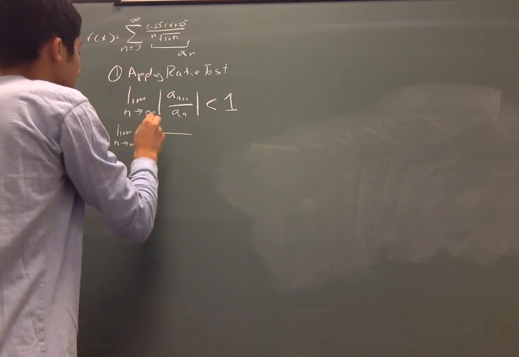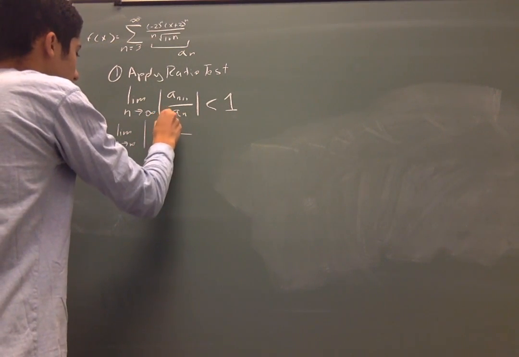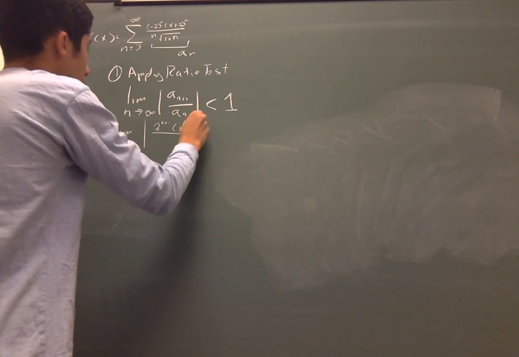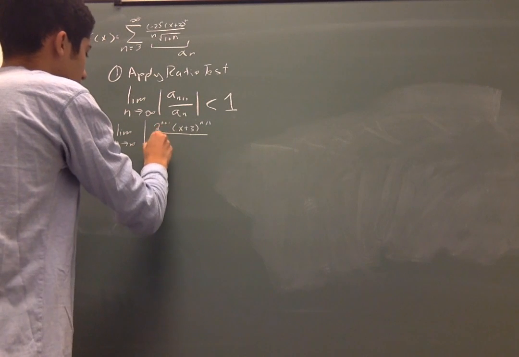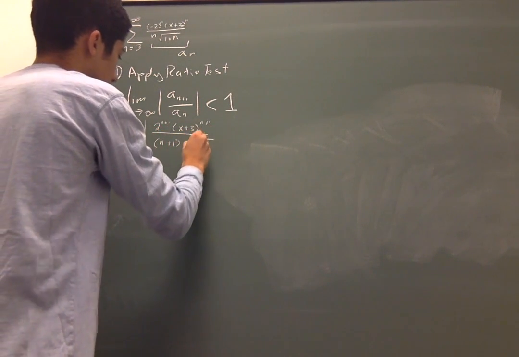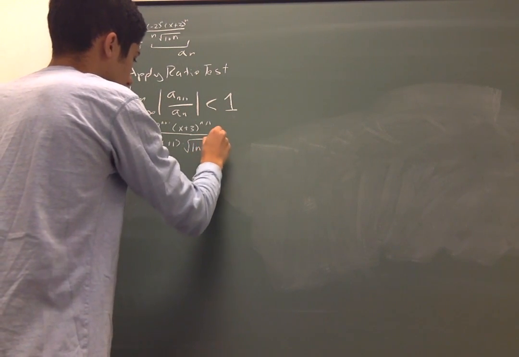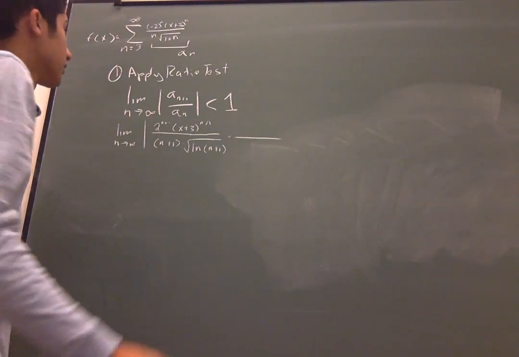So we will get that the limit as n approaches infinity of 2 to the n plus 1 times (x plus 3) to the n plus 1, divided by n plus 1 times square root of natural log of n plus 1, times the reciprocal of the original series.